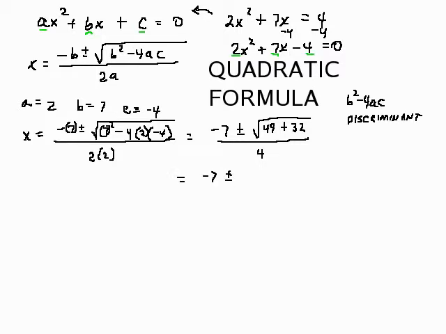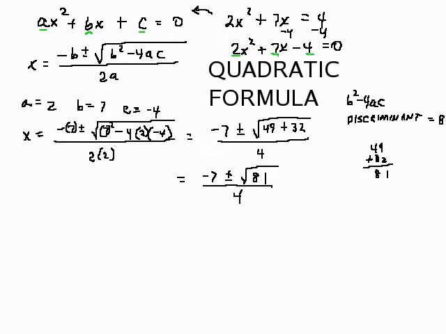Negative 7 plus or minus the square root of, I'll have to go over here on the side, 49 plus 32 is what, 81. So the discriminant number would be 81 if they were after that in this section, which they will be in 8.2. All right, so we're going to put the square root of 81 all over 4.